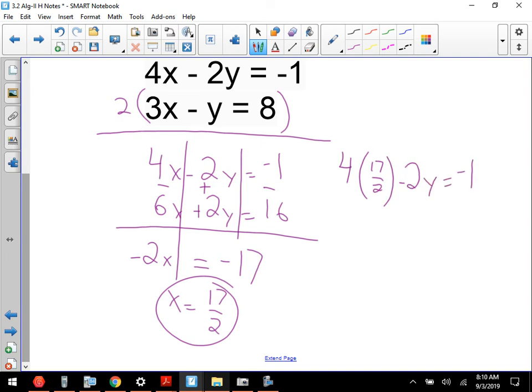So let's see, that becomes 34 minus 2y. So negative 2y is negative 35. Was it 35 over 2 then? Yes. It just has kind of crummy looking values.